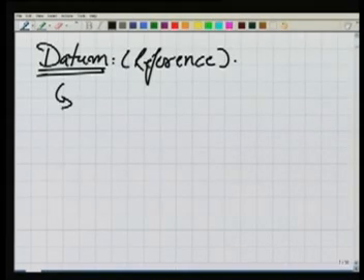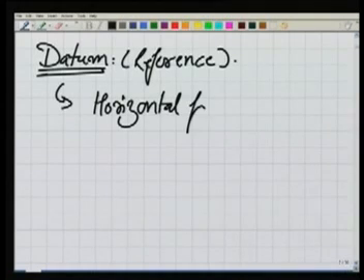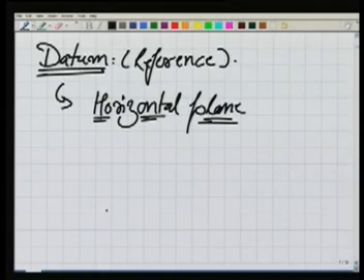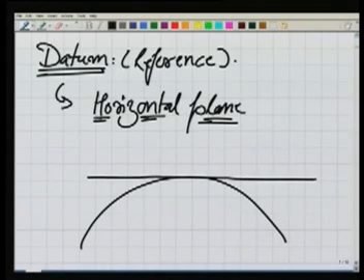Well, the question is, can it be a horizontal plane? Now what is a horizontal plane? Well, this is my earth, we know the shape of the earth, and if I draw tangent to it somewhere, this is my horizontal plane.